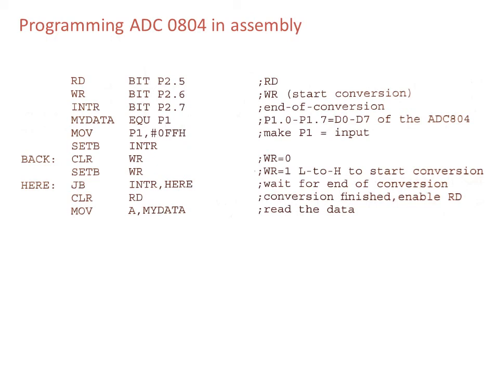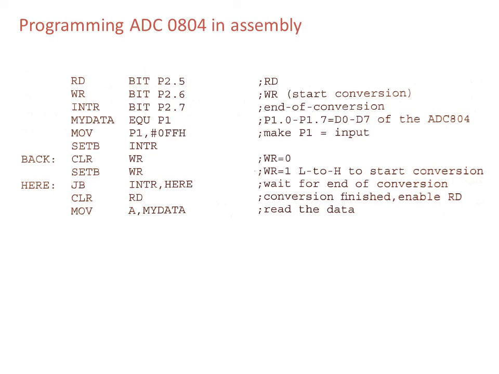Then the next instruction is INTR BIT P2.7, the 7th bit of port 2, assigned to interrupt. Then MYDATA EQU P1, port 1 is assigned to MYDATA, and the next instruction is MOV P1, #0FFH, that is make P1 as input. Just consider port 1 as input.